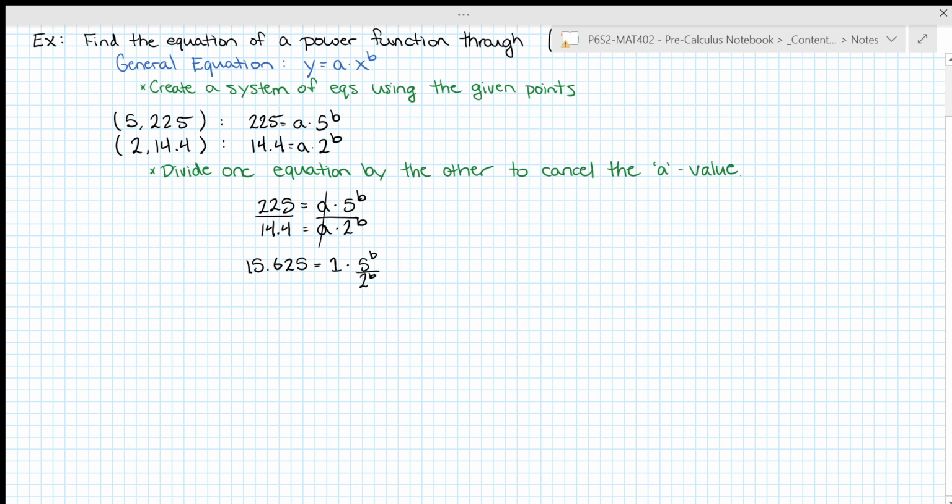So here you have to use the rules of exponents. If you have a to the x divided by b to the x, that is equivalent to a divided by b, to the x power. You probably saw it the other way: if you have x over y to the a power, that is equal to x to the a over y to the a.